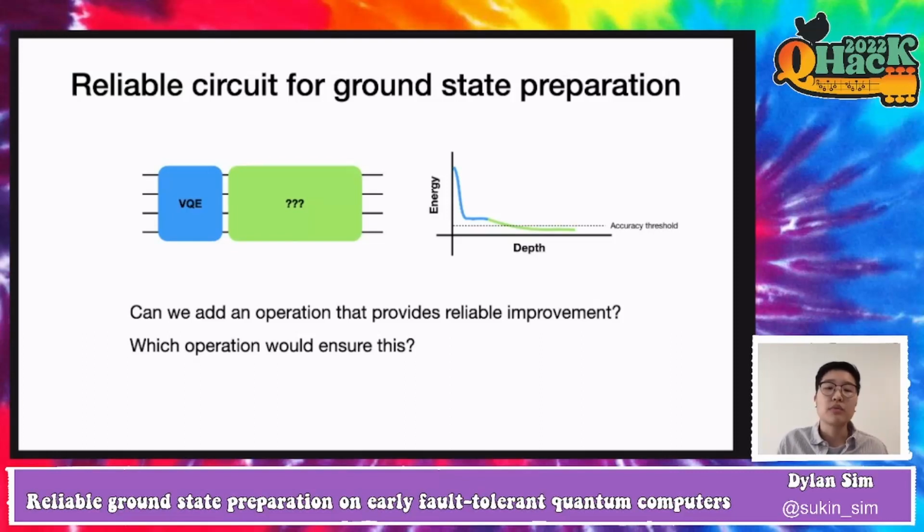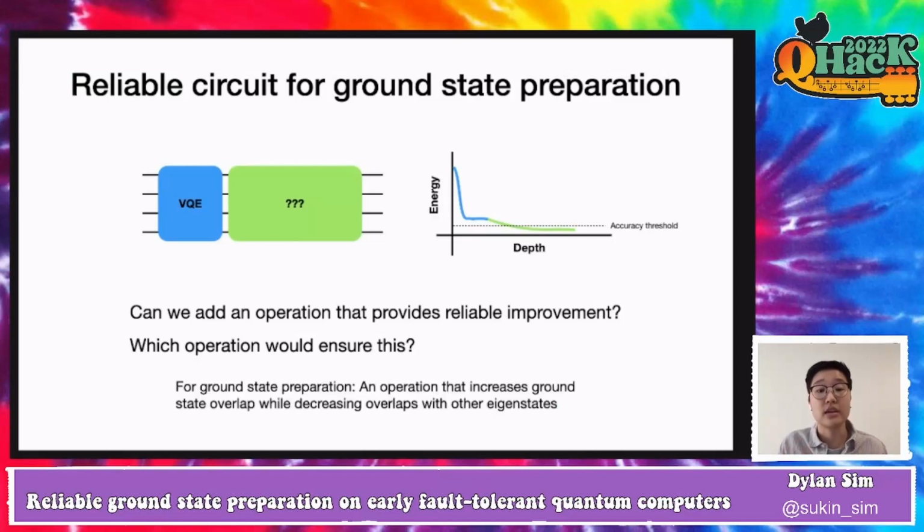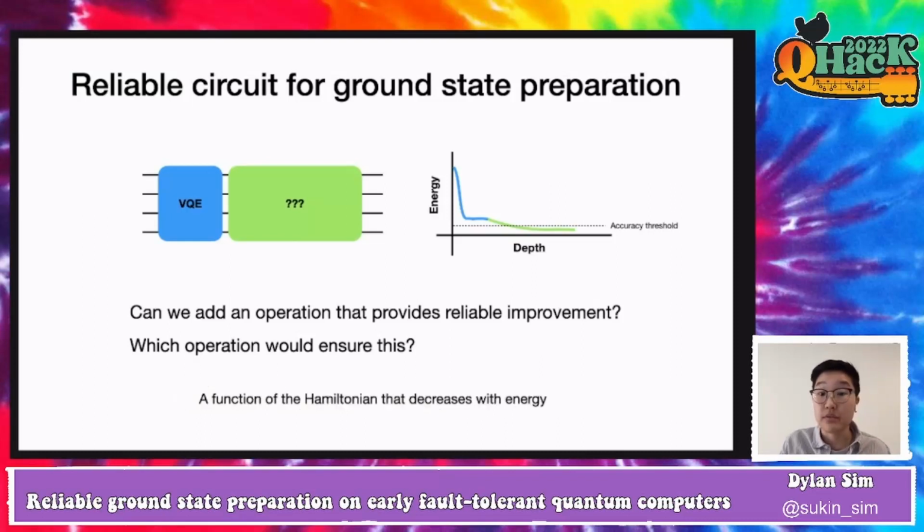One potential realization of such an operation, at least for the task of ground state preparation, is some type of operation that will increase the ground state overlap while decreasing the overlaps with other eigenstates. A potential operation that accomplishes this would be a function of the Hamiltonian that decreases with energy.